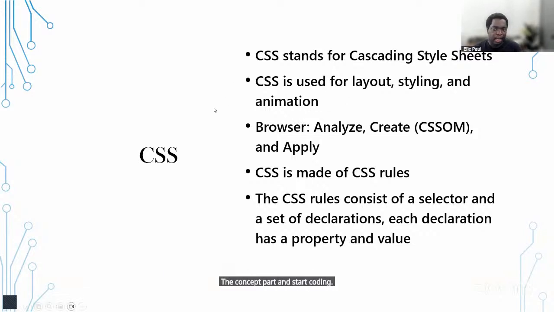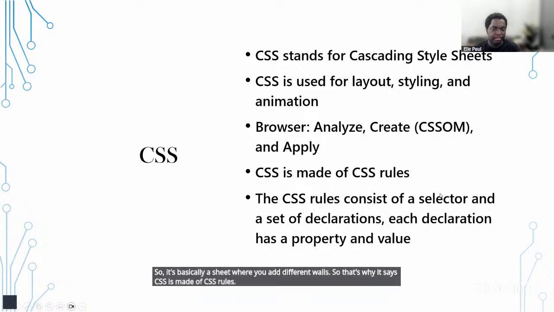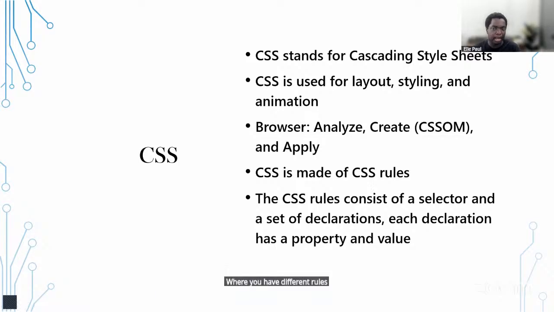CSS stands for Cascading Style Sheets. So it's basically a file, a sheet where you add different rules. That's why it says CSS is made of CSS rules, where you have different rules to tell how you want the site to look. So HTML is about structure and content.